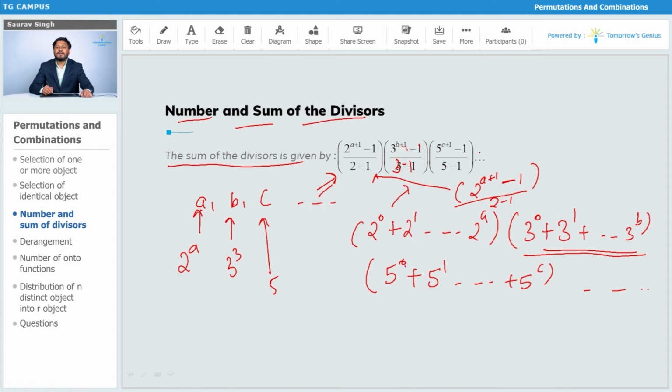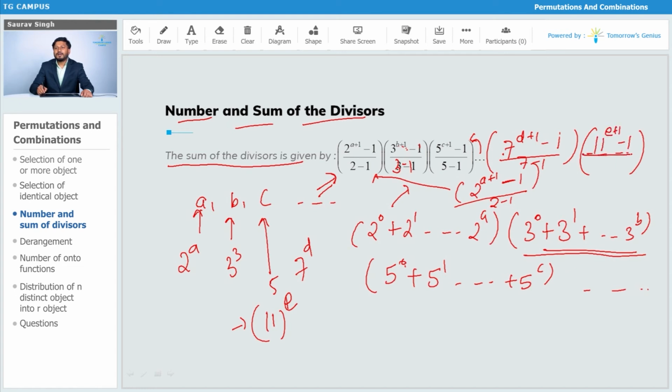Similarly for 5. And if you have some power of 7 raised to the power d, we'll write the same for d: 7 raised to the power d plus 1 minus 1 upon 7 minus 1 and so on. That will depend upon the number of powers present in the prime numbers. Suppose this is e, 11 raised to the power e, there will be another term, 11 raised to the power e plus 1 minus 1 upon 11 minus 1.